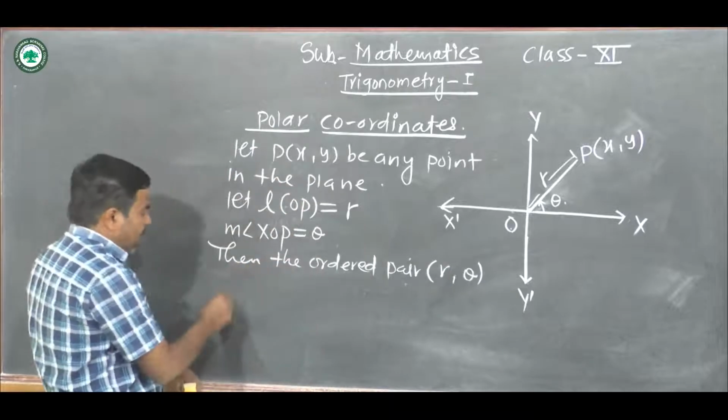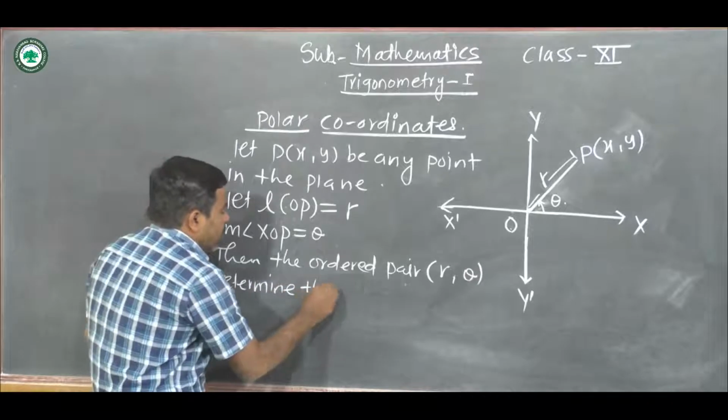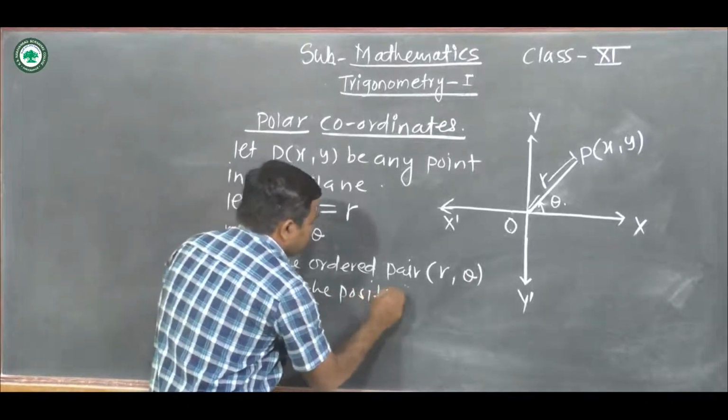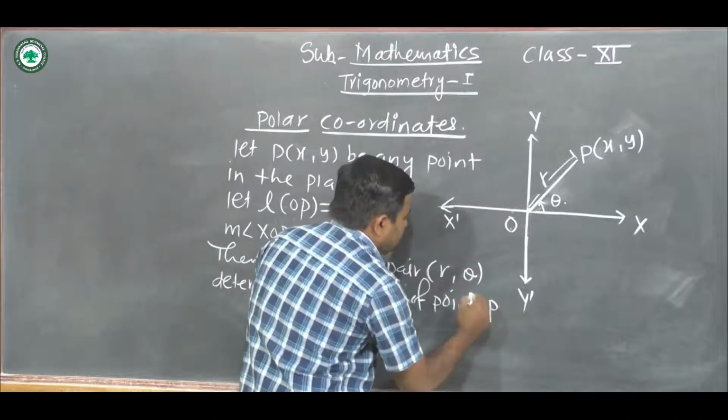The ordered pair r comma theta determines the position of point P in the plane.